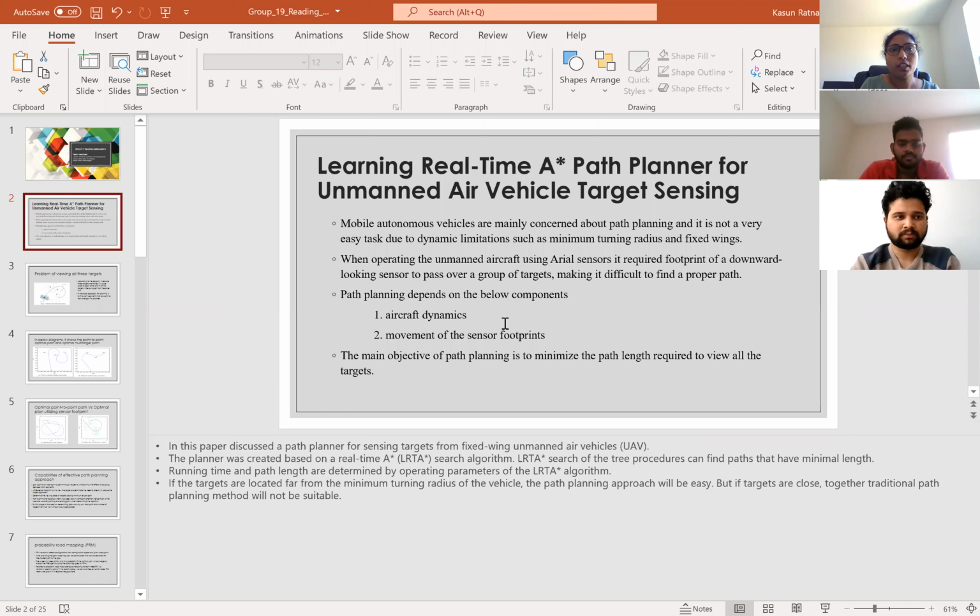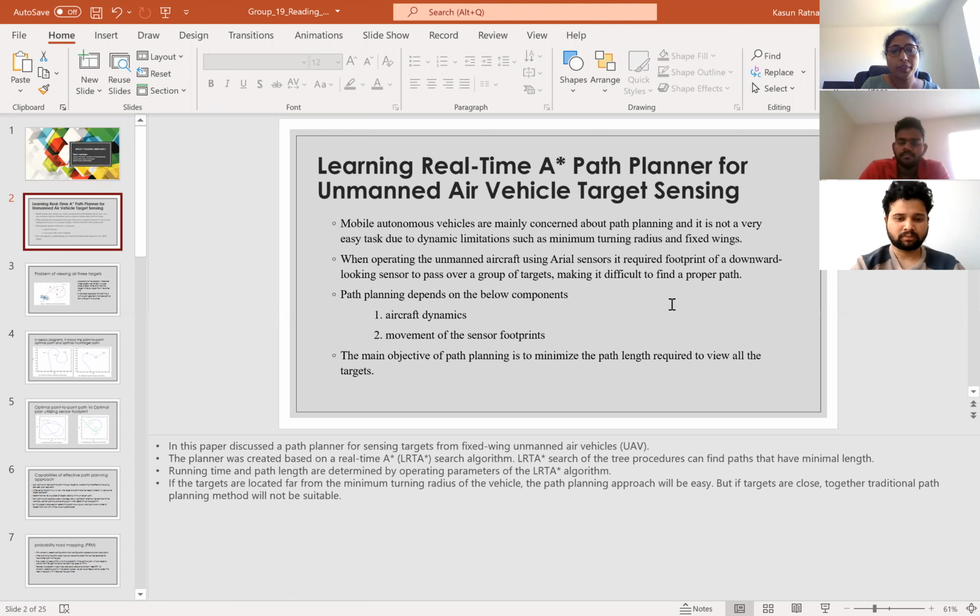The first paper was discussing learning the real-time A-star path planner for unmanned air vehicles. In this paper, they discussed the path planner for sensing the target from fixed-wing unmanned air vehicles. The planner was created based on the real-time A-star search algorithm.